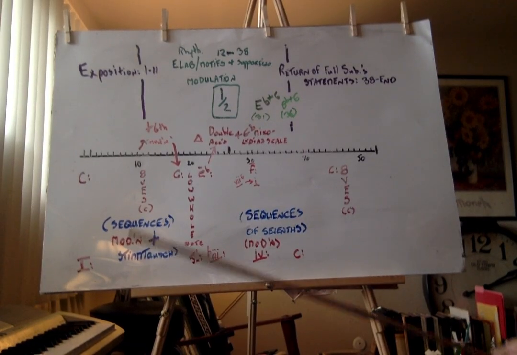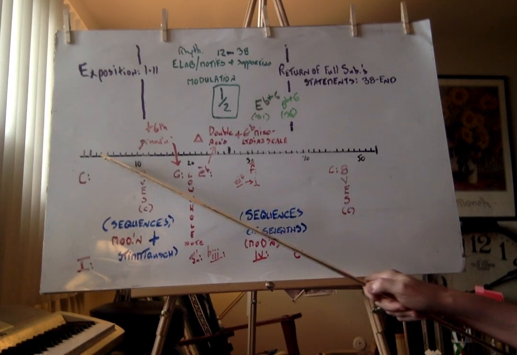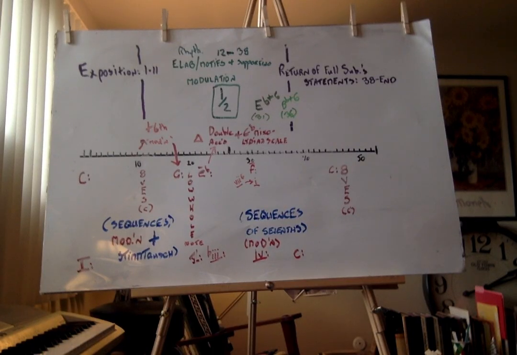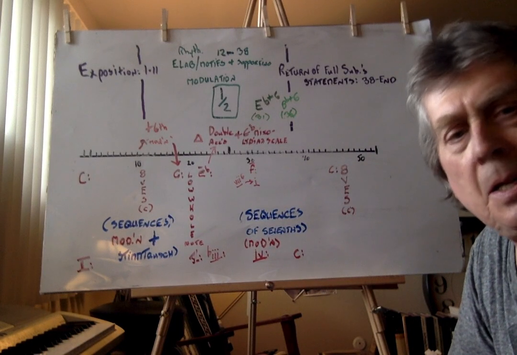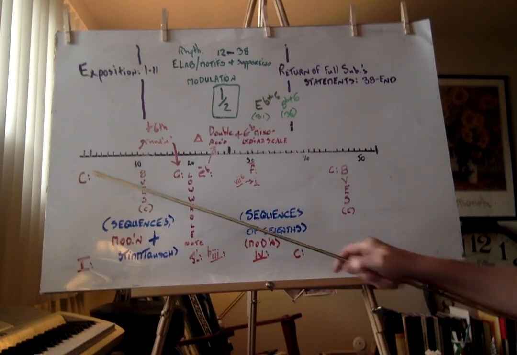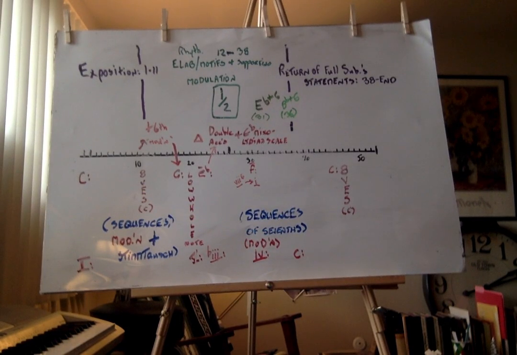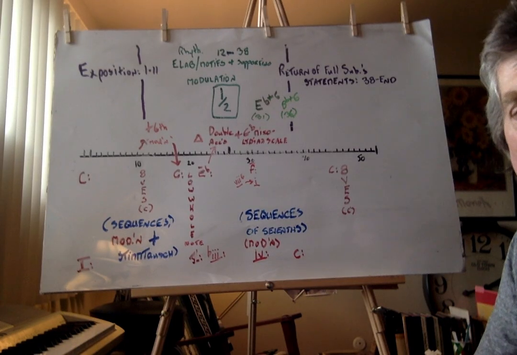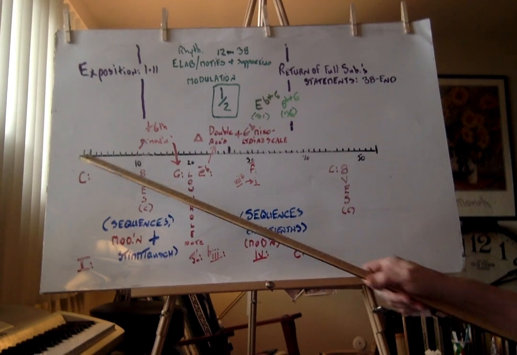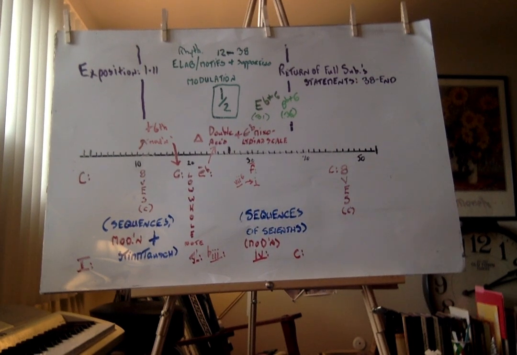So at the beginning we have a section of this piece that establishes the idea of C-ness as the priority tone. In that exposing of C as a principal tone of priority, we have full statements of the subject.